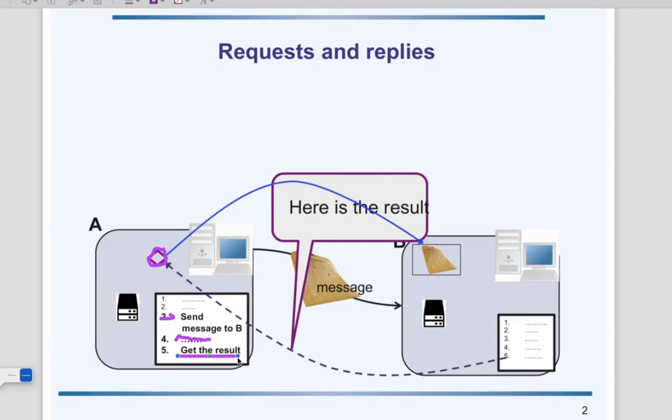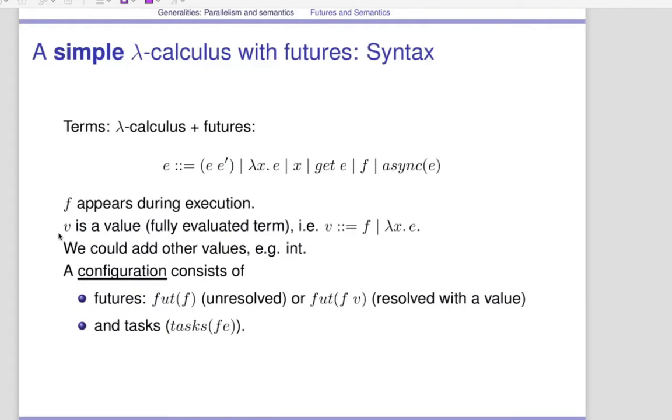You can also use futures in a more thread and task-like setting where A could spawn a task, and the task, when it's finished, it will compute a result that will fulfill a future, that will fill the empty object. So that also works. This is what we will see here, calculus that uses futures and have basic tasks. So what we do is we take a simple lambda calculus and just add futures to them. So the idea is that we start from a lambda calculus with its 3 possible terms.